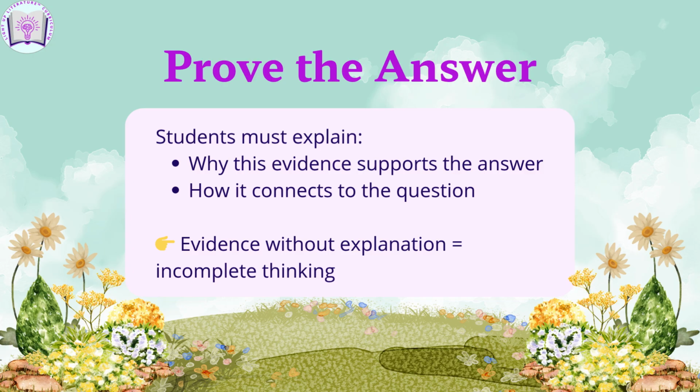And then the third step separates the average readers from the strong readers. Students prove their answer by being able to answer why this evidence supports the answer and how it connects the question and the answer. Once they've got that, it's going to be so much easier.